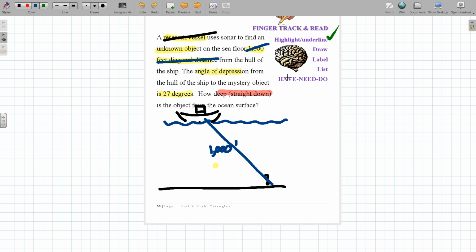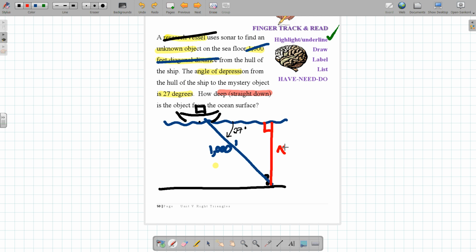Notice I'm crossing stuff out as I account for it. The angle of depression from the hull of the ship down towards the mystery object, horizontal going down, is 27 degrees. Question is, how deep is the mystery object? There is your X. Have, need, do.